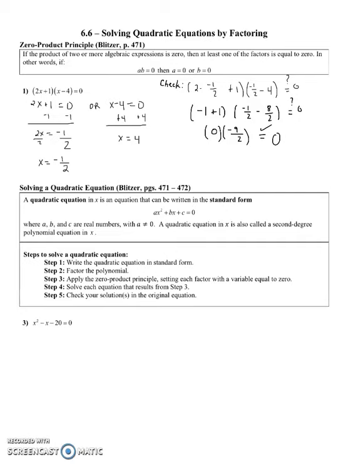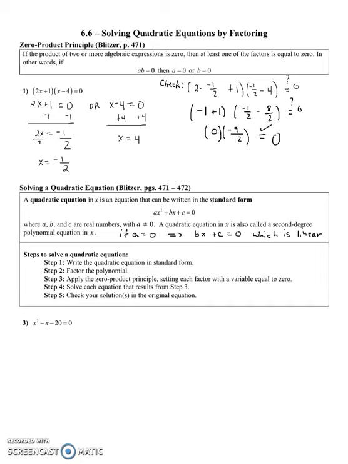Well, if a is equal to 0, then our ax^2 term goes away, and we have just bx + c = 0, which is a line, not a second degree equation.